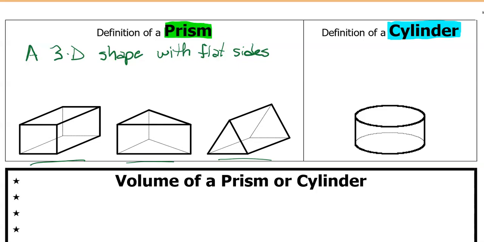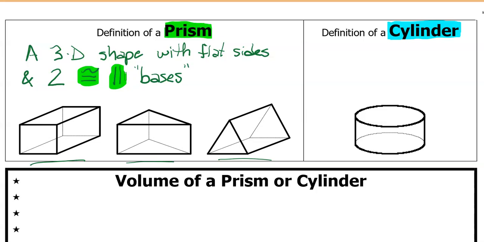It has flat sides, and it needs to have 2 congruent parallel bases. We'll talk about what we mean by base in just a minute. But it needs to have 2 bases which are congruent and parallel.